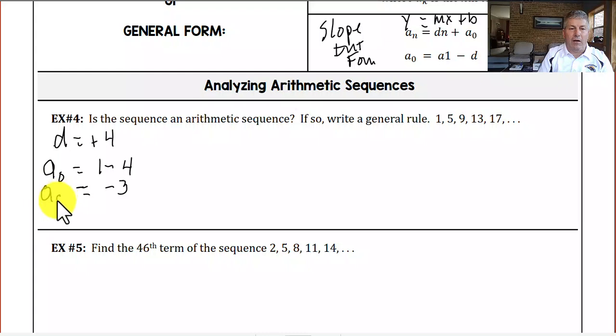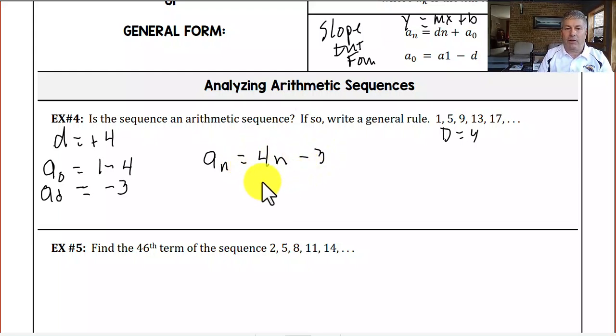So that's our y-intercept, if you will, and our d is 4. So we can simply write our formula for our sequence as a sub n equals 4n minus 3, where 4 is our common difference and minus 3 is the value of the a sub 0th term.